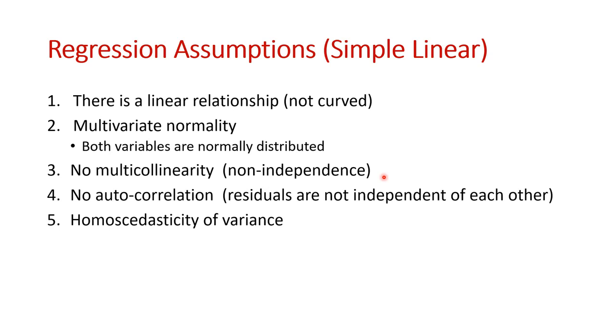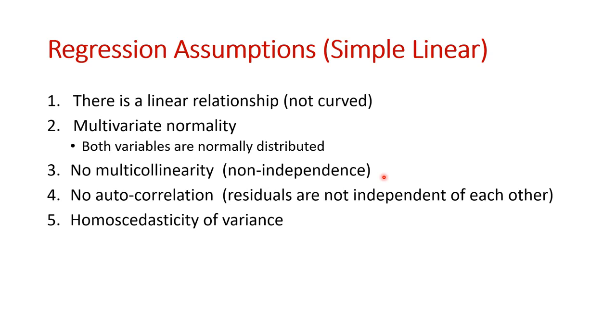No autocorrelation means that residuals are not independent of each other, so it would be like residuals at low values of x are small, while at large values of x are larger. So if there's a pattern to the residuals, that violates the assumption. And then homoscedasticity of variance, or basically normality of the residuals.